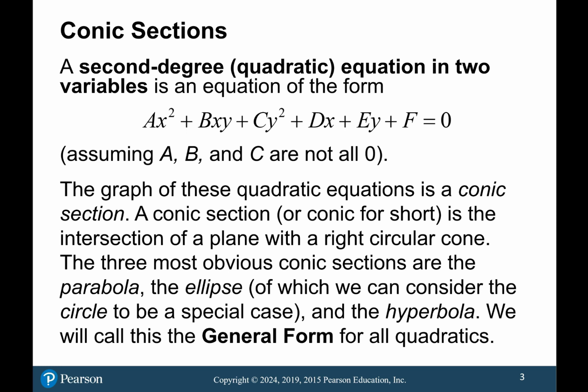Again, get the pronunciation right. It's not a parabola, so the other one is not a hyperbola. So this is the general form for all quadratics, and I'm going to come back to this in a later lesson and talk about how we should be able to identify which type of conic section it is by looking at those values for just A, B, and C.